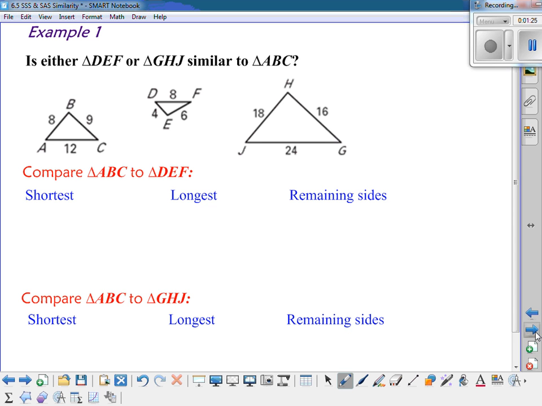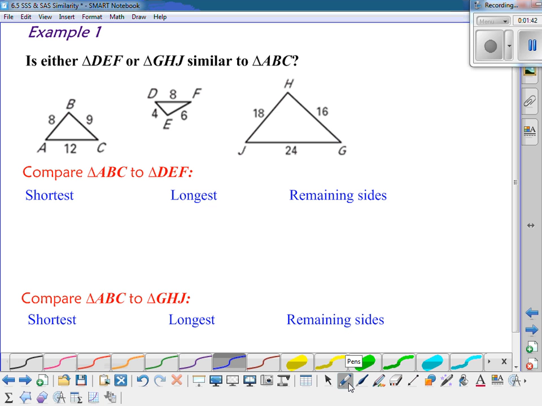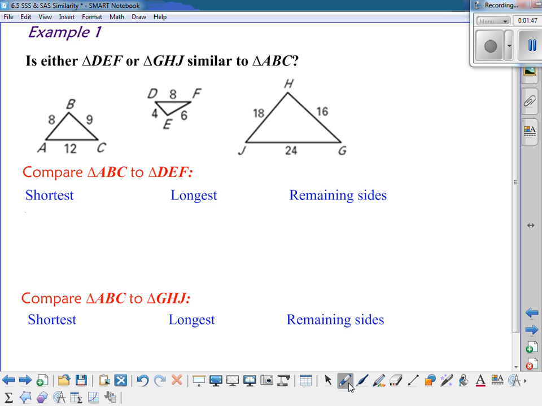So if I look at example 1, I want to know whether either triangle DEF or GHJ is similar to triangle ABC. So first I'm going to compare ABC and DEF. I'm going to look at their shortest sides first. So the shortest sides are AB and DE. And AB is 8 and DE is 4, so that reduces to a ratio of 2 to 1.